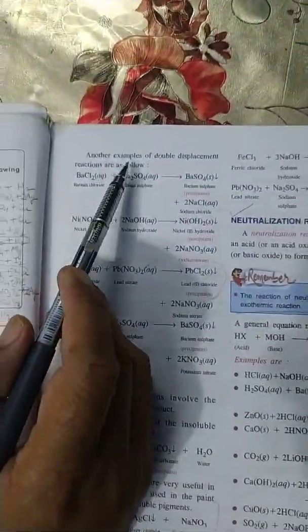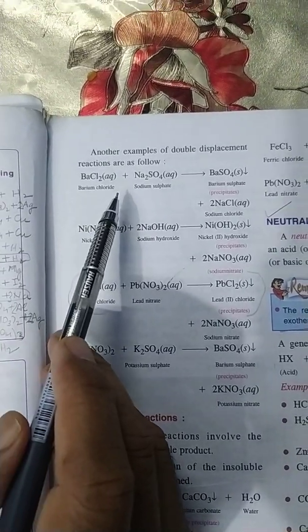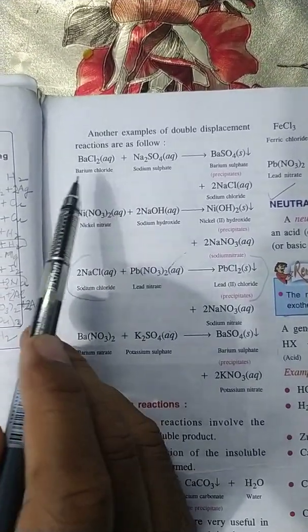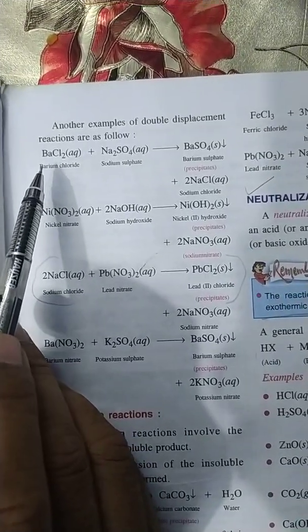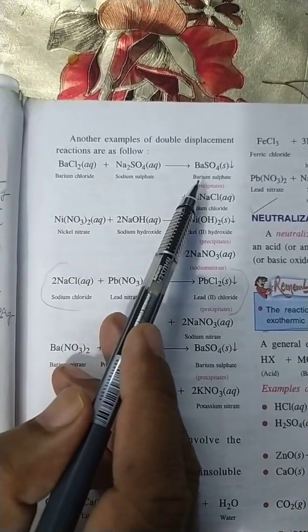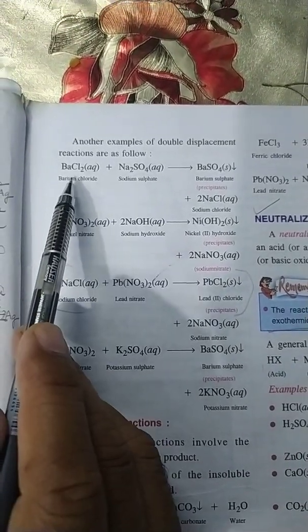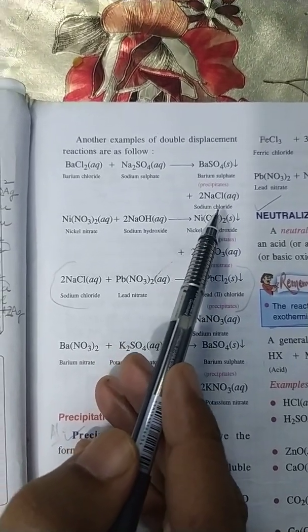If we see here, we see barium chloride, which is a compound, it combines with sodium sulfate. So barium, which is a positive radical, combines with sulfate forming barium sulfate, and sodium combines with chlorine to form NaCl or sodium chloride, which is salt.